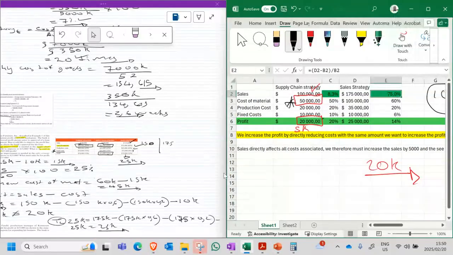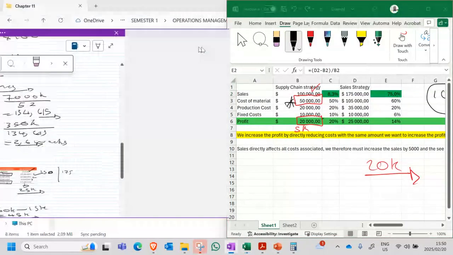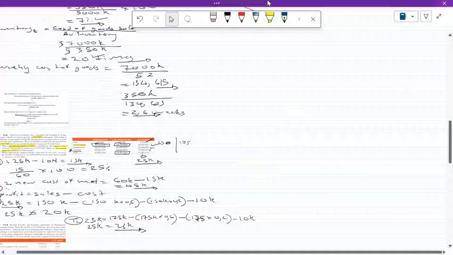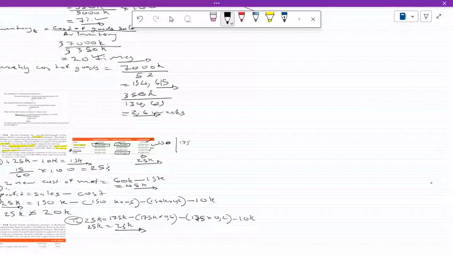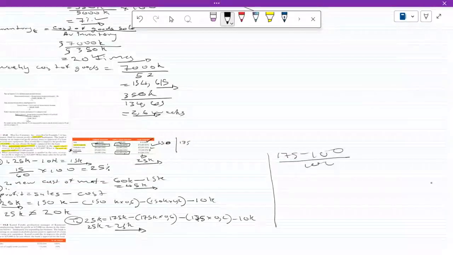Then the 175 on manual computation, this is how we do it. The percentage that they are looking for is going to be 175 minus 100,000 divide by 100,000 multiplied by 100.